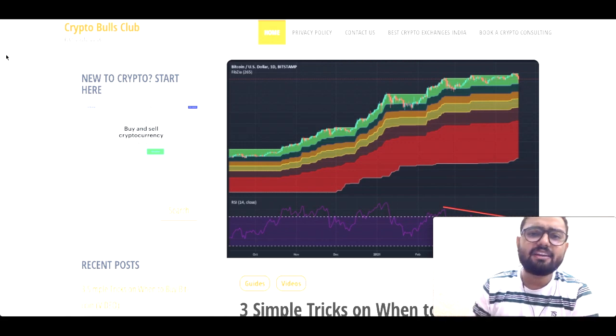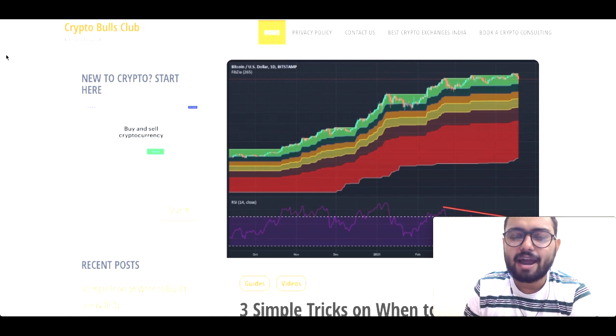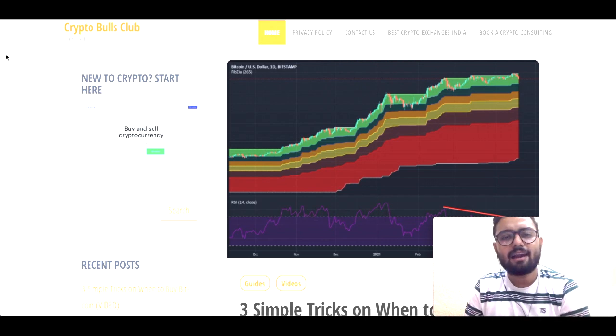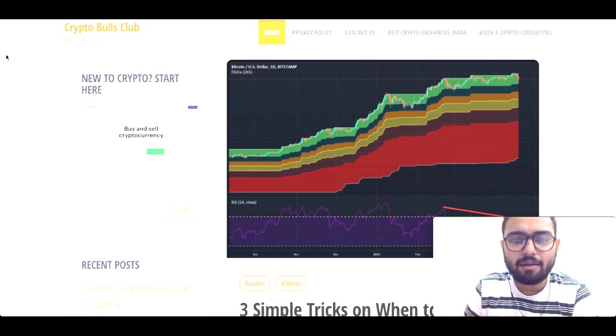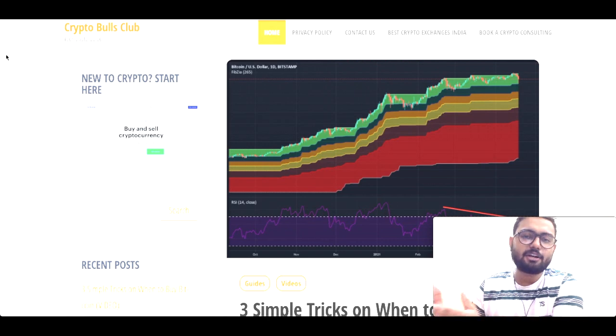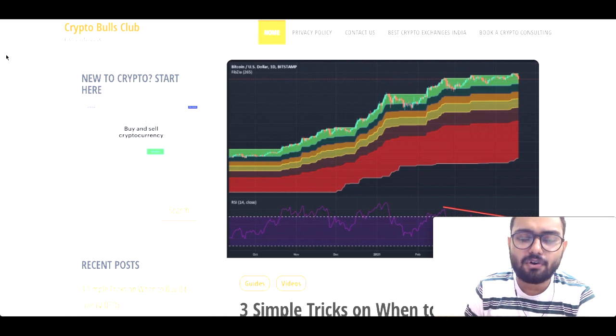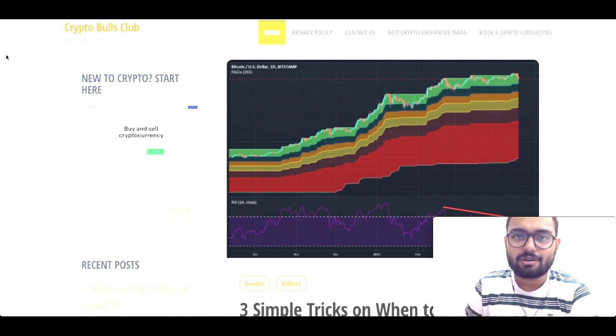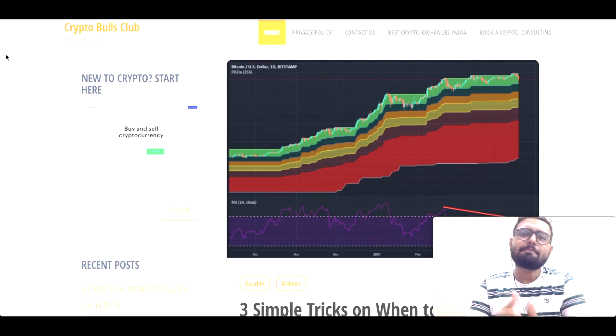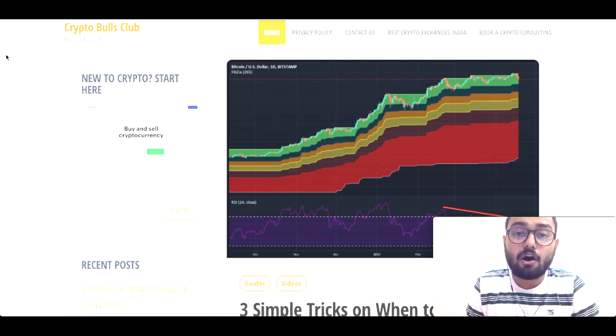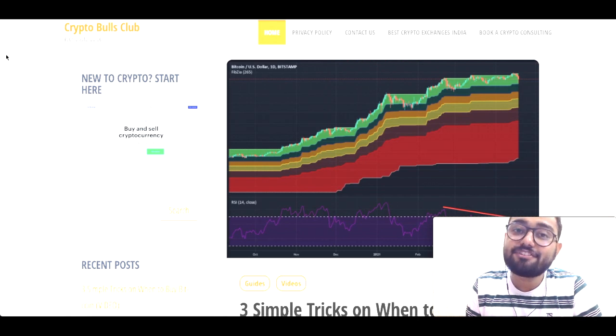Let's say I invested in a coin which is valued at around $1, and at the end of, let's say, 1 month, it gave me a return of $2. It's currently trading at $2. But Bitcoin at that point of time was trading at $10,000, and at the end of 1 month, it is up to $25,000. So while that particular altcoin gave me a return of 2x, Bitcoin actually gave me a return of 2.5x.